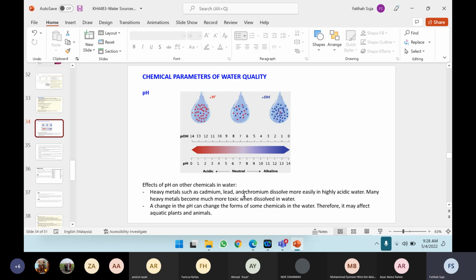They are there already, but at neutral pH it is okay. But then suddenly we have a discharge from industry that is very acidic, and it will affect the heavy metals already present in the water body and make them toxic.